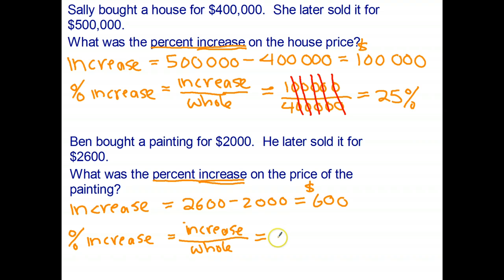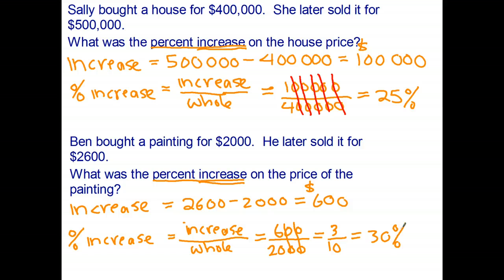And that gives us 600 over, of course, down here has to be the original amount because Ben's trying to work out what percent gain he made on his investment, which was $2,000. Once again, I can knock off a few zeros. 6 over 20 simplifies down to 3/10, and 3/10 as a percent is 30%.